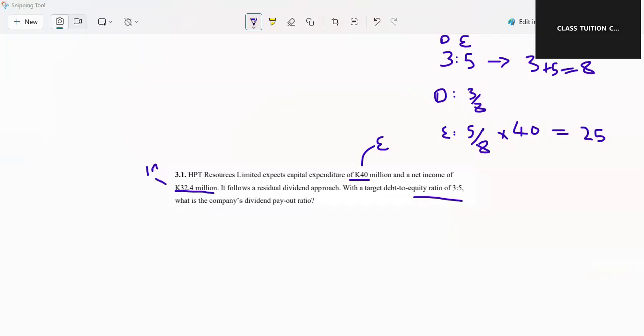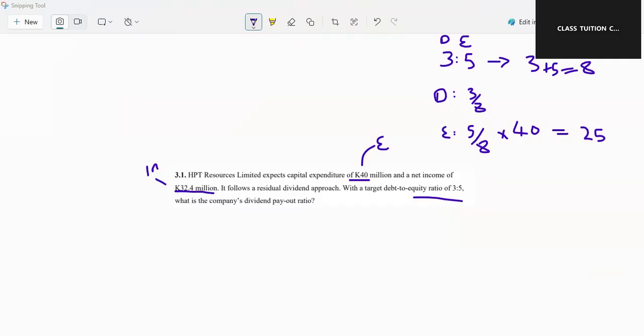So we now determine the residue income available for dividends. Because dividends are paid from net income, we need to remove the proportion that is needed for investment.